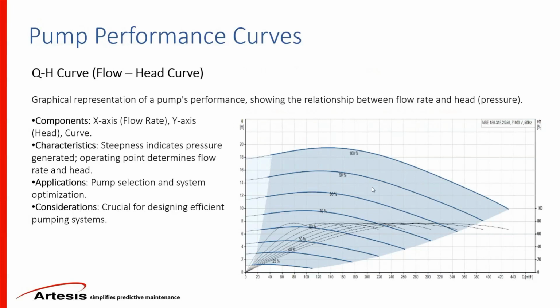This is later used in selecting the proper size of the pump for a particular operation, and also helps optimize system performance by adjusting the pump speed or impeller size to achieve desired flow rates and heads efficiently.